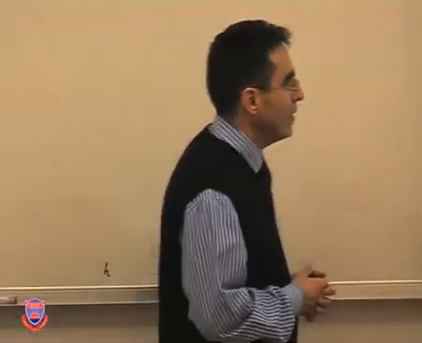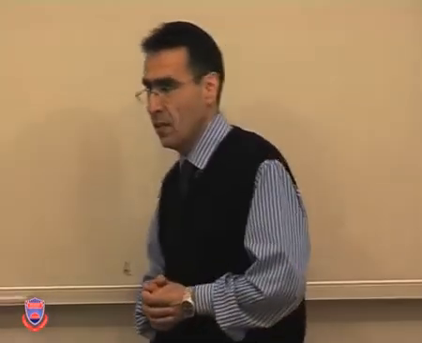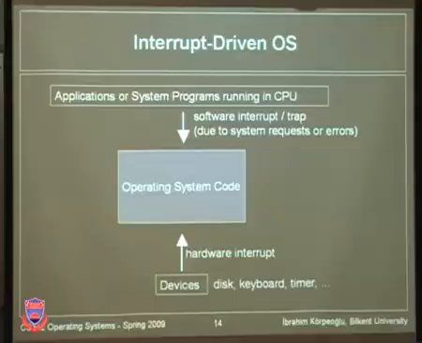Or if the application is running and trying to do something illegal, like accessing an illegal memory address or dividing by 0, then the hardware can detect that, stop the application, and give control to the operating system, which means start executing operating system code, okay? That means we will have a special OS routine to be executed in the CPU to handle that interrupt, okay?